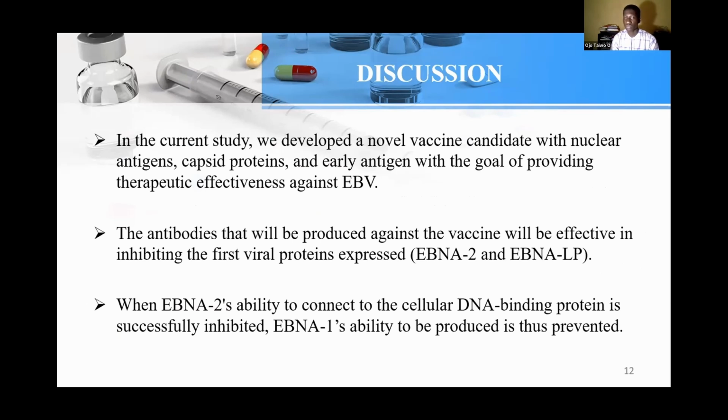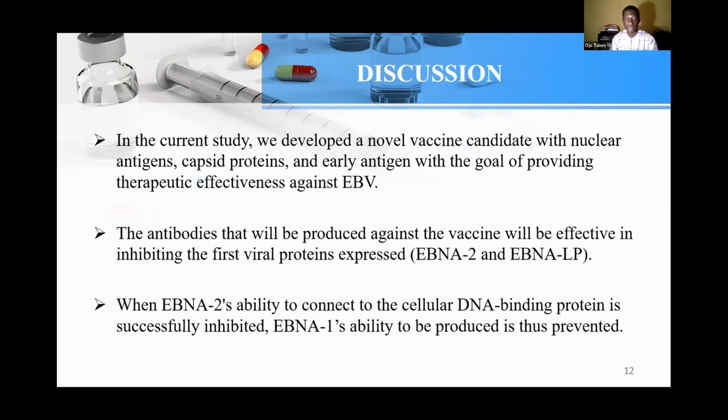Now, in the current study, we developed novel vaccine candidates using the viral capsid antigen, the early antigen, and the nuclear proteins with the goal of producing a therapeutically effective vaccine against Epstein Barr virus. The antibodies that we produced, as per the results obtained in the course of this research, will be able to prevent the expression of EBNA2 and EBNA-LP, which are two antigens that work in tandem to promote viral proliferation.